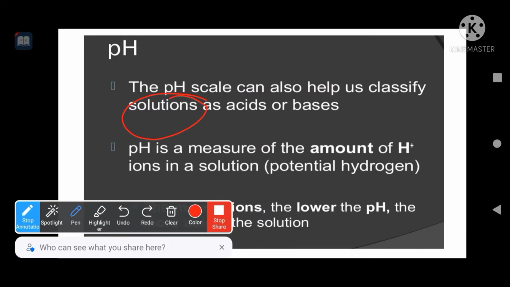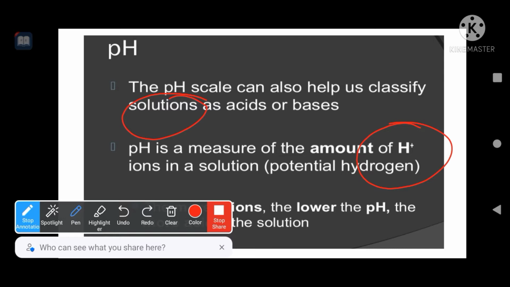The pH is a measure of the amount of hydrogen plus ions in the solution. Means, for an acidic solution or any solution, how much potential of hydrogen is in that solution is measured by the pH scale.